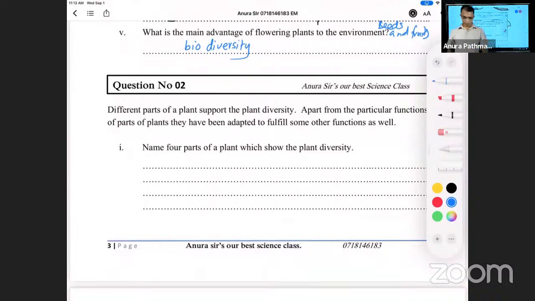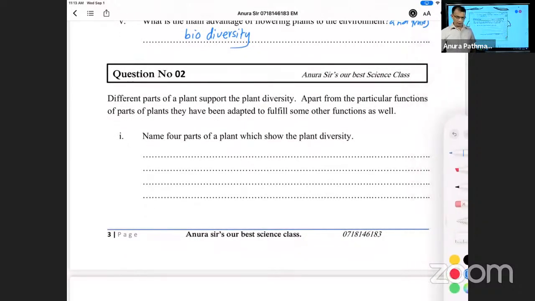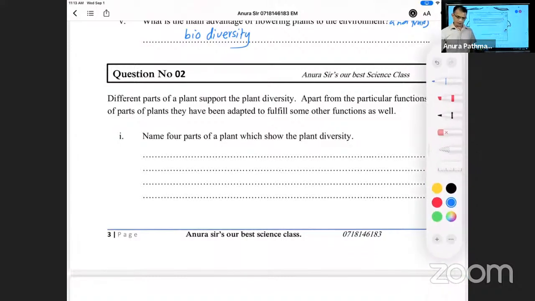Question number 2. Different parts of plants support plant diversity. Apart from the particular functions of parts of plants, they have been adapted to fulfill some other functions as well. Name 4 parts of a plant which show the plant diversity.